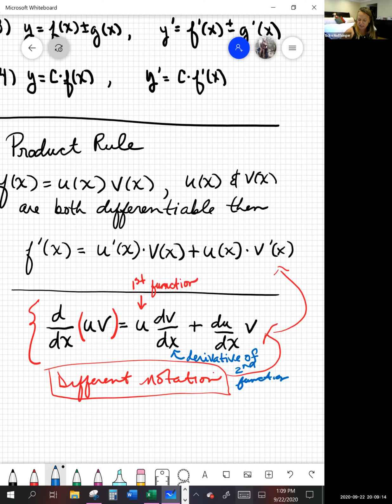And du dx is the derivative of the first. And that v is just the original second function, without taking the derivative yet.